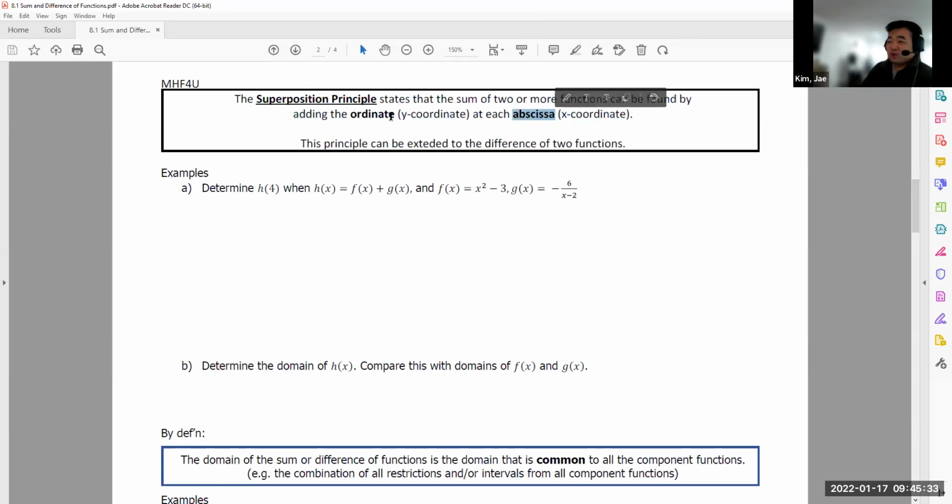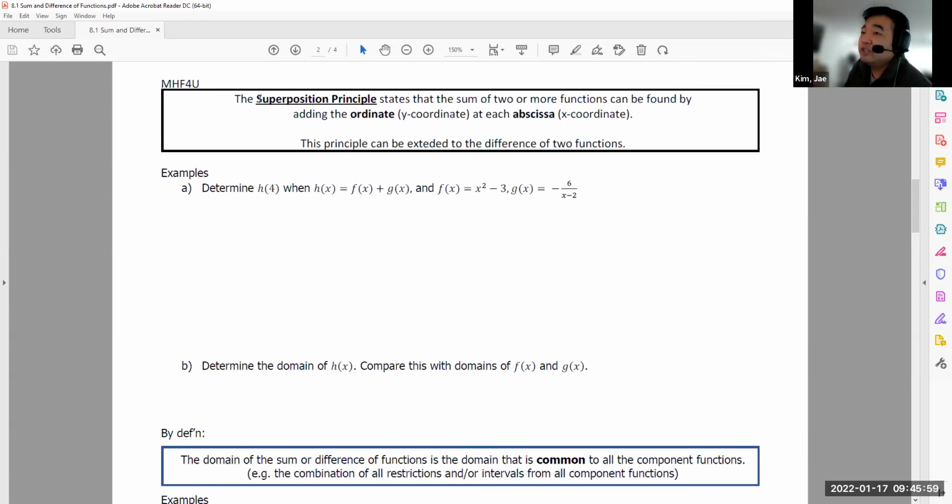Don't ask me what these words are and why they are still quoted in the textbook. You could think about it as when this superposition principle idea was first proposed and accepted, it was during dated times, and these particular words were mathematically correct. And that definition has been carried through up until today.